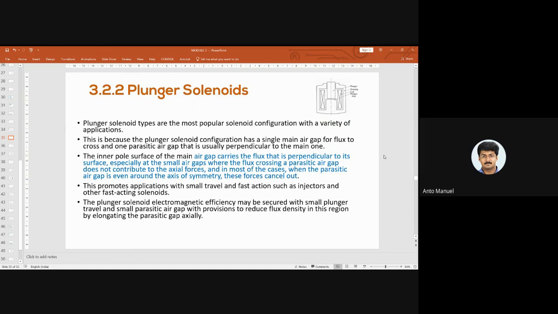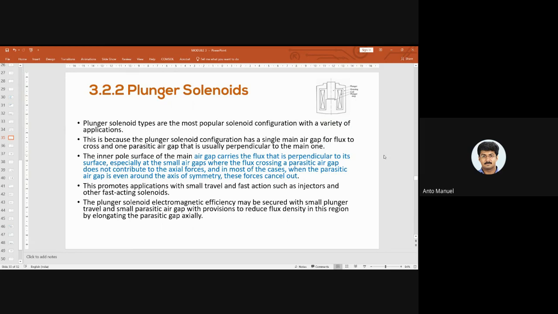The inner pole surface of the main air gap carries the flux perpendicular to its surface, and especially at the same small air gap, the flux crossing the parasitic air gap does not contribute to the axial force. In most cases, when the parasitic air gap is even around the axis of symmetry, this entire force may get cancelled out.